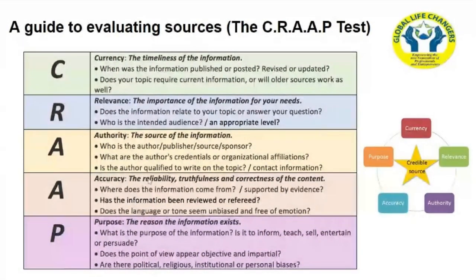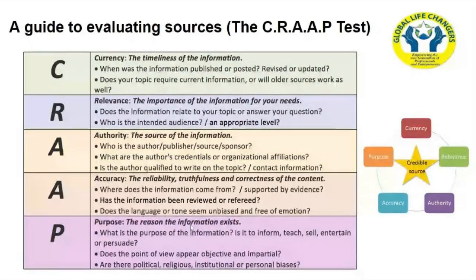And then you also need to find out the purpose of the information. What is the purpose of the information? Is it to inform, to teach, or to sell, or entertain, or persuade?